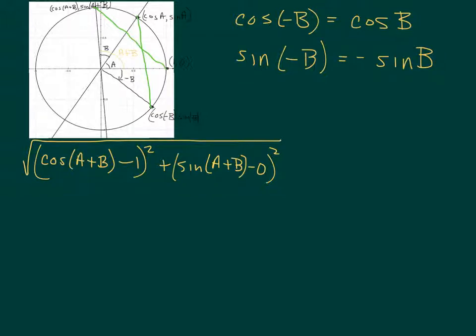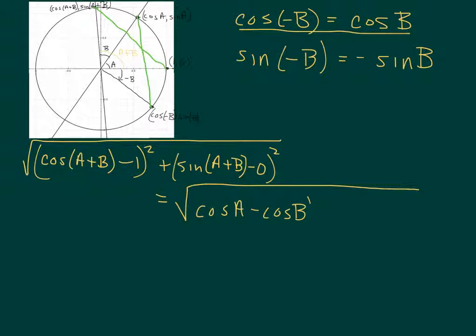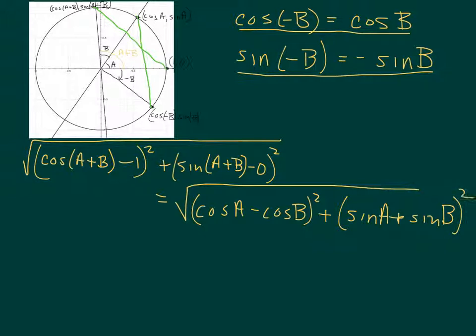And then the other chord, what the distance formula would give us there would be the square root of the cosine of A minus, now remember what I said here, cosine of negative B is the same thing as cosine of B. So cosine A minus cosine B, all squared, plus sine A plus sine B. And again, that changes to a plus because the sine of negative B is equal to negative the sine of B, all squared.